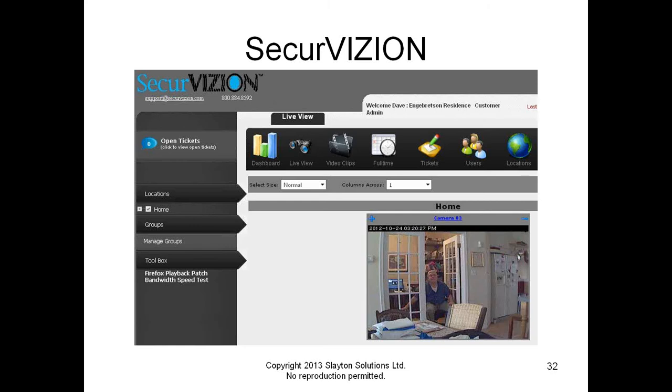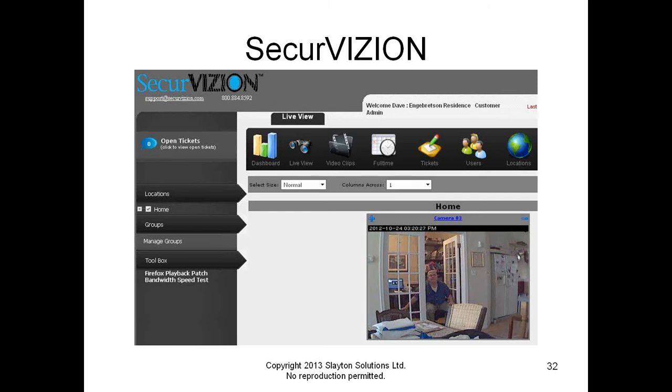Record it locally and record it over the internet. And here's another example of where you can use a technology like SecureVision. You could offer this to your customers, because the camera that you're looking at right here is not only recorded on the internet at SecureVision, it's also recorded on the NVR in my house. So I'm recording it in two places at the same time.